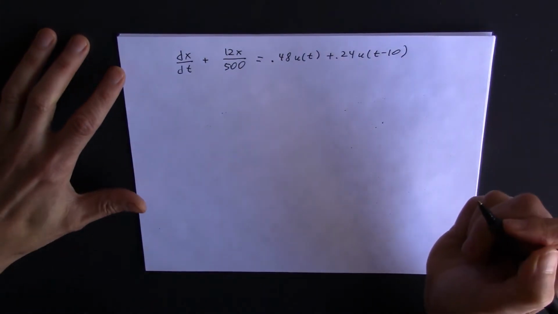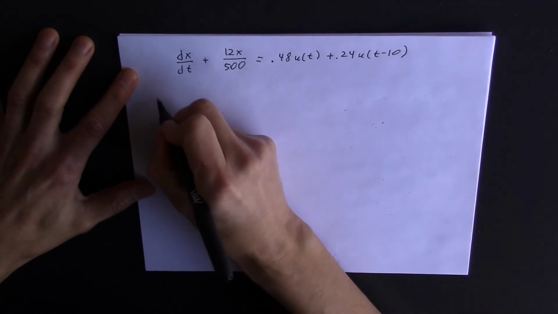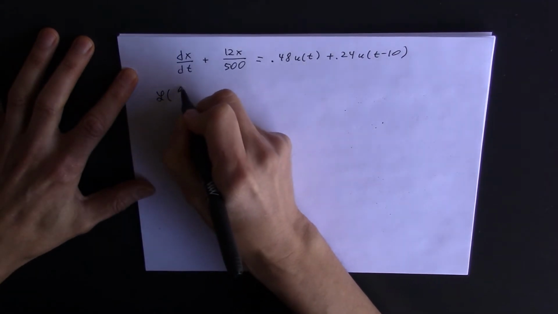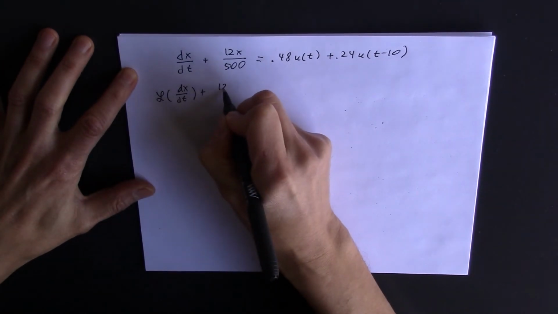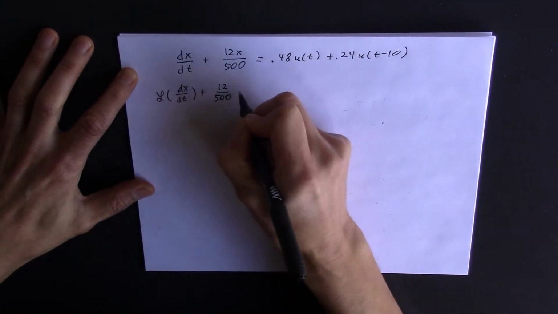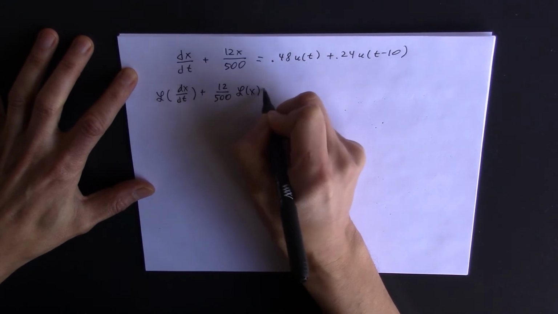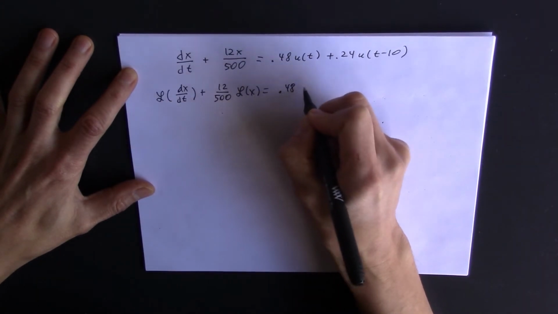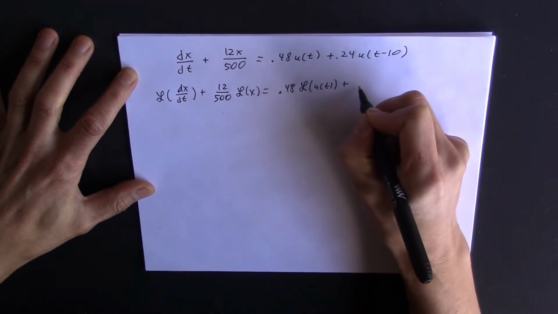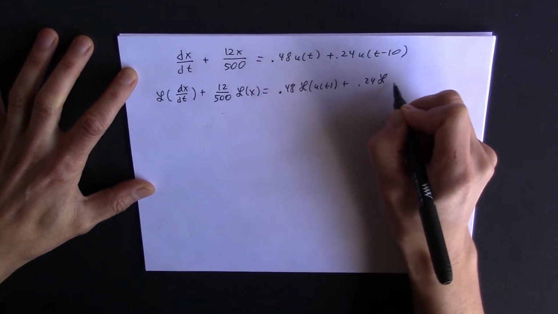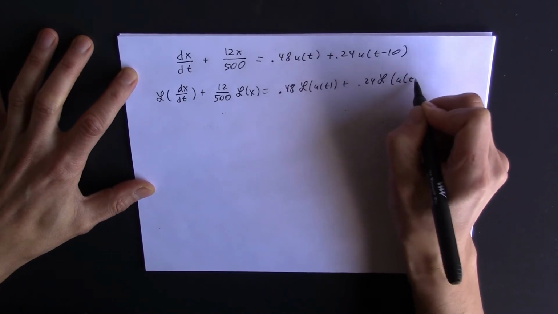Now we'll take the Laplace transform of both sides. So we have Laplace of dx/dt plus 12 over 500 Laplace of x equals 0.48 Laplace of u of t plus 0.24 Laplace of u of t minus 10.